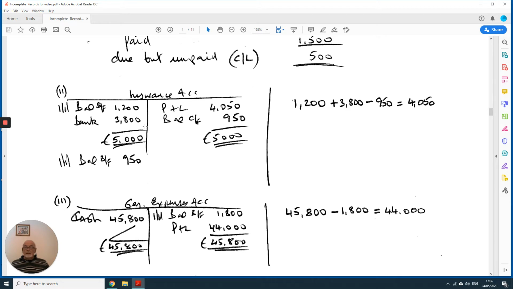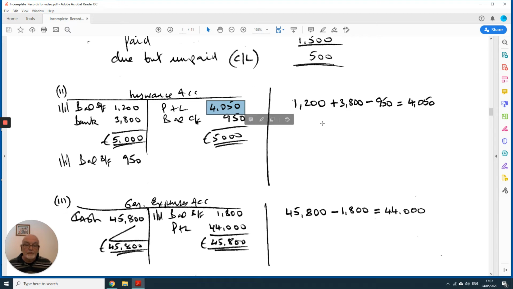So last year we paid 1,200. That goes to this year. 3,800 we paid this year, 950 of which belongs to next year. The 950 there will be brought down as an asset, as a debit balance. So that means by deduction we must charge our profit and loss with €4,050 for this year's insurance.